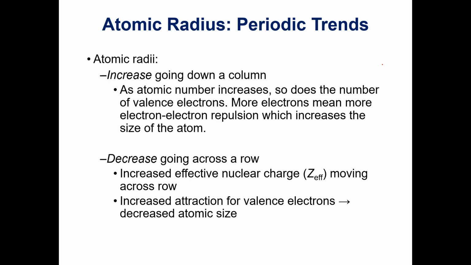However, as we go across a row, we actually decrease the atomic radius. So that might sound opposite to what you would think it would be. But the reason for that is that as we go across a row, we increase the effective nuclear charge. So there are formal definitions, and there's actually formulas to calculate effective nuclear charge.